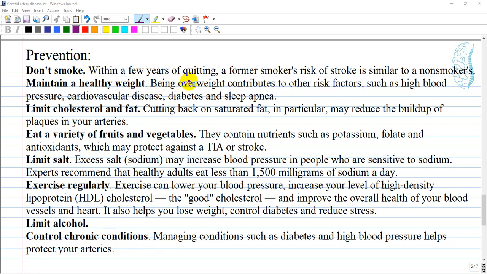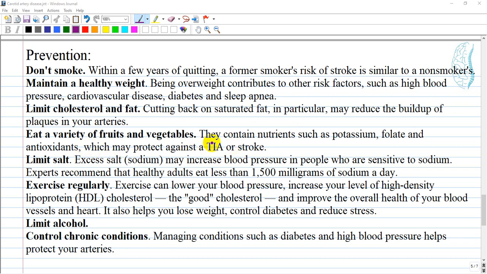Within a few years of quitting, a former smoker's risk of stroke is similar to a non-smoker. Overweight contributes to other risk factors such as high blood pressure, cardiovascular disease, diabetes, and sleep apnea. Cutting back on saturated fat, in particular, may reduce the buildup of plaque.